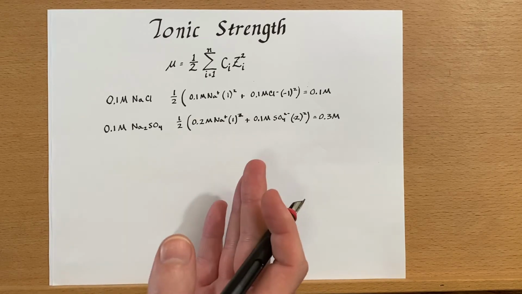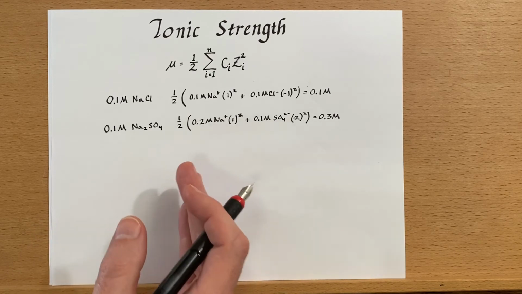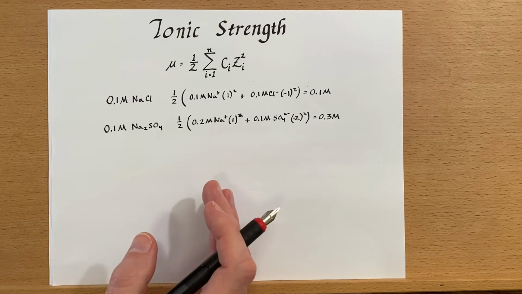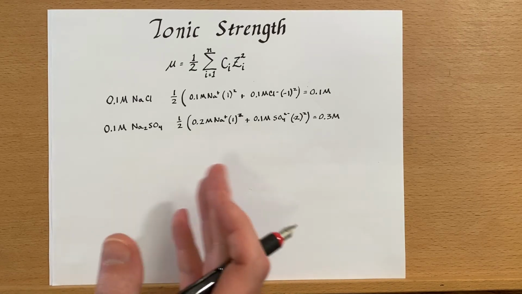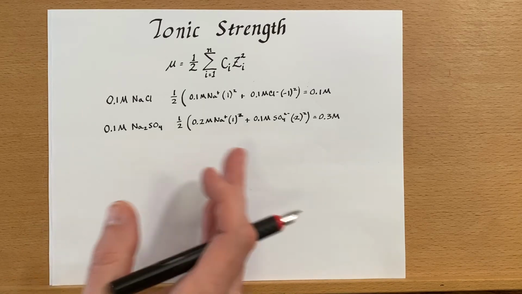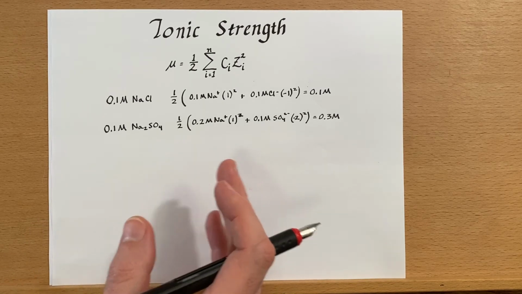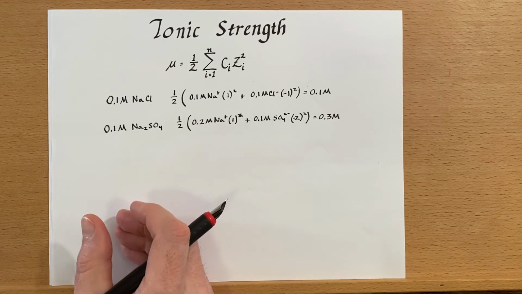So if one of the ions in there is a single charge, single valency. So you wouldn't, for example, want to try this with magnesium sulfate because that's a +2 ion and a -2 ion, and the ionic strength formula will just not function very well.